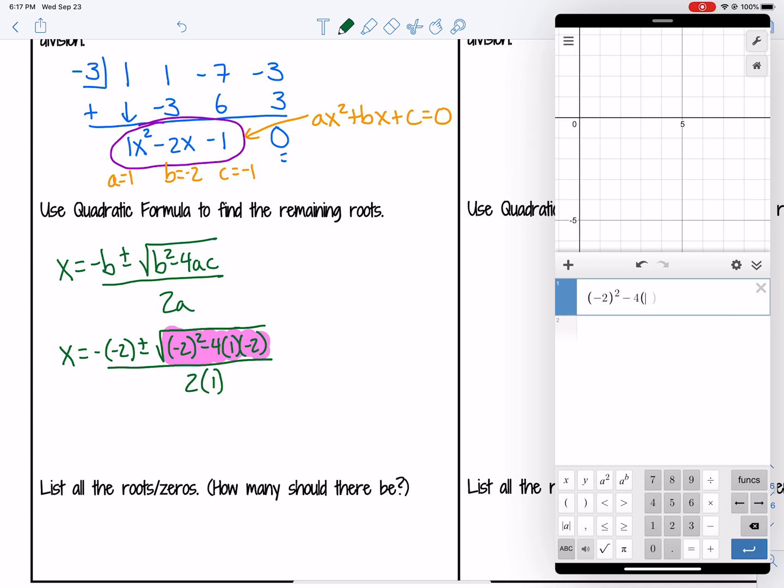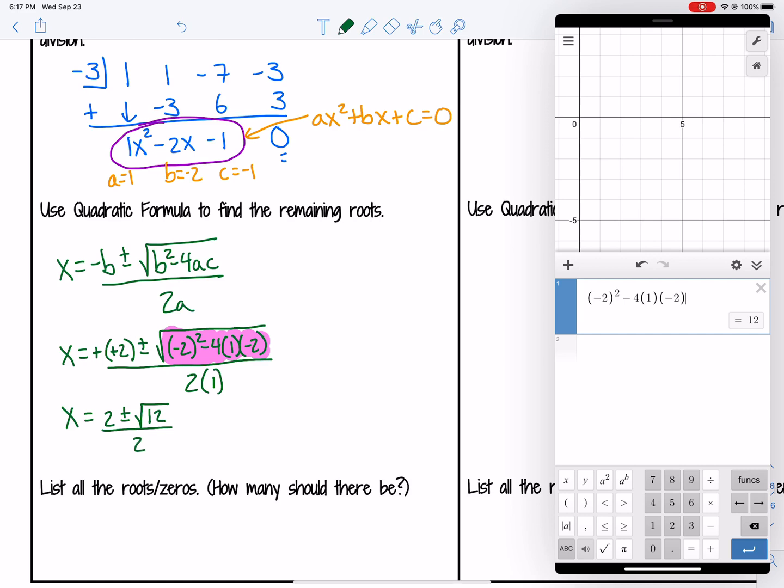The parentheses are very important because this is a negative that I'm squaring, so make sure to type it just like you wrote it. We should get 12. So we get x equals negative negative 2, which is a positive 2, plus or minus the square root of 12, divided by 2 times 1, and that's just 2.